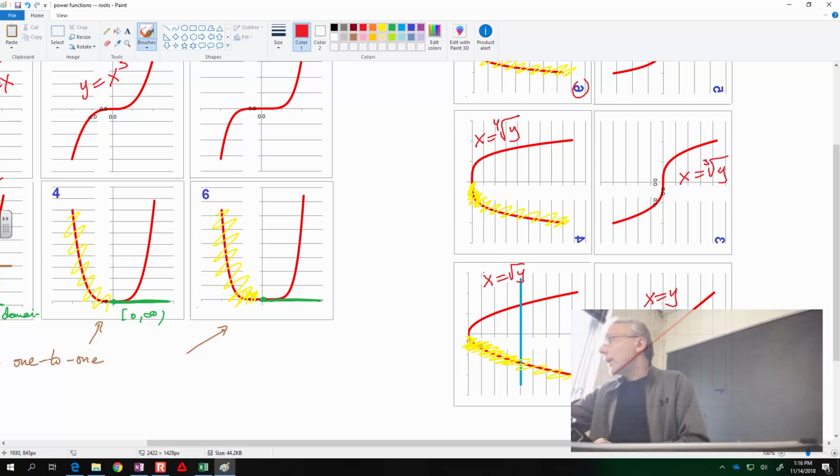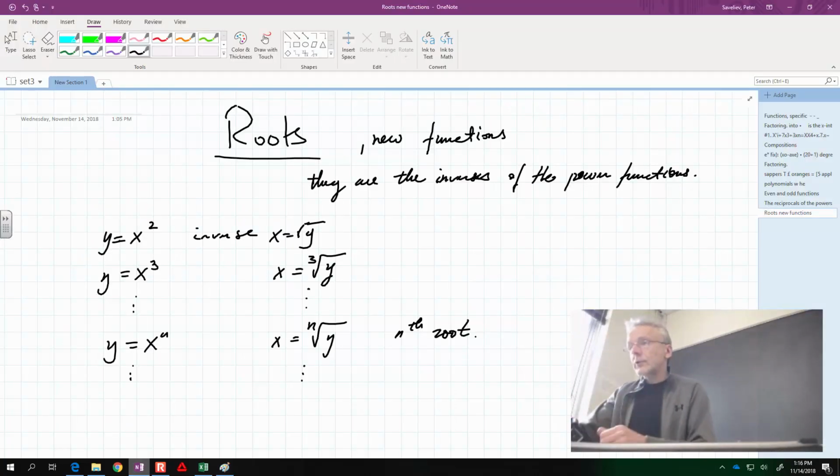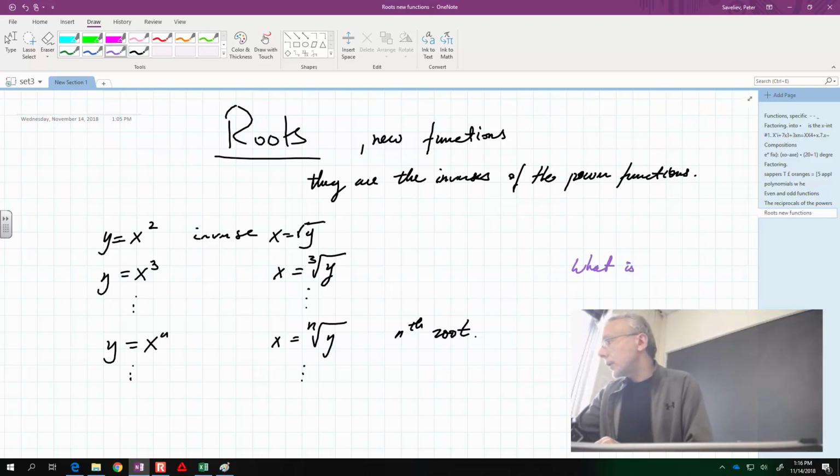So anyway, we have these four roots. To understand how I compute, say, the fifth root of a number, the short answer is use the inverse. So what is the third root of 7?